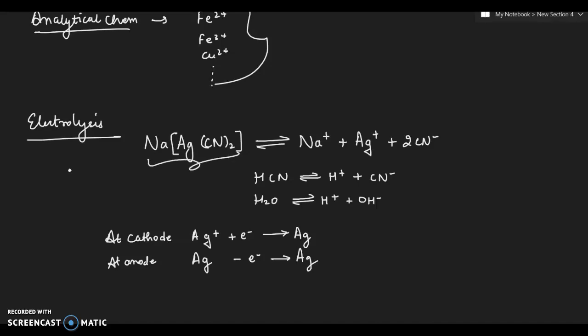This is sodium argentocyanide, which breaks into sodium ion, silver ion and cyanide ion. At the cathode, you can see silver is formed, and at the anode, the cyanide ion is oxidized. Here it is reduction at the cathode, because at the cathode reduction takes place and at the anode oxidation takes place.